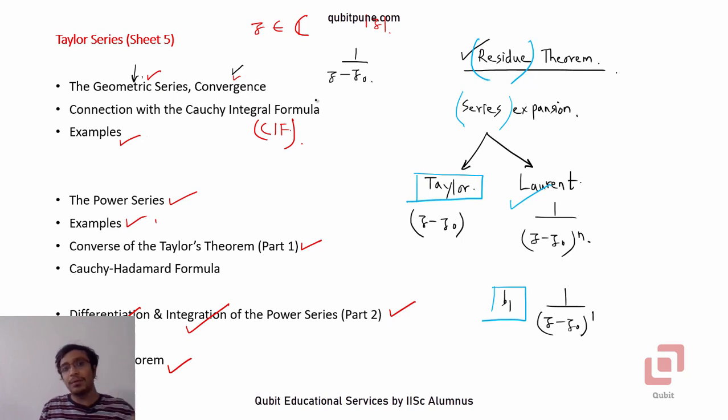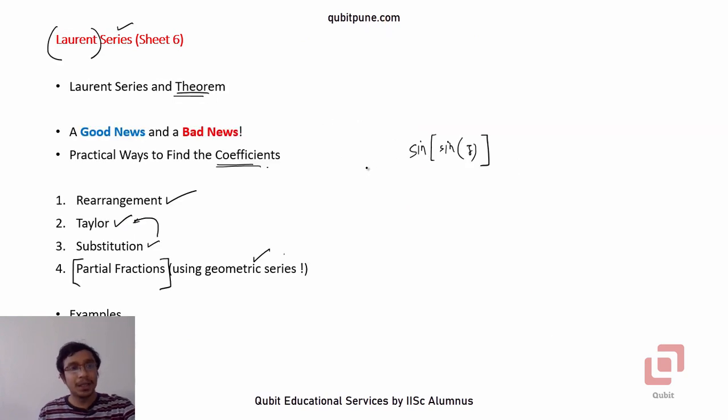If you take z common and if you take z naught common, then you get two different expansions, which have different radii of convergence and hence different regions of convergence. We will see that through an example, one each corresponding to all four methods.